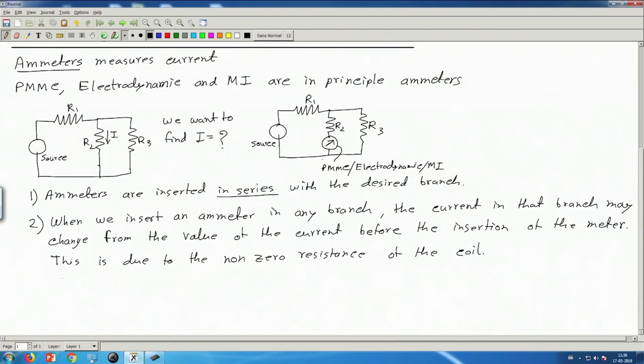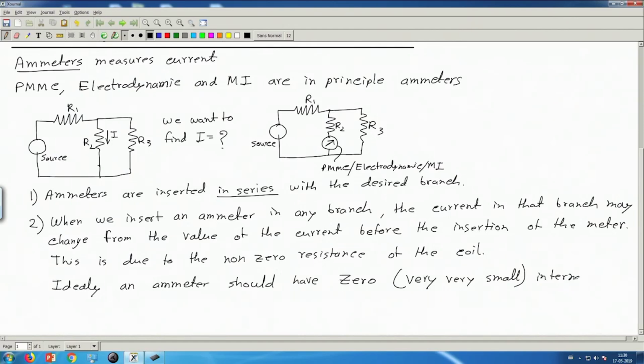But zero is never possible, so practically we should write very small internal impedance or resistance.